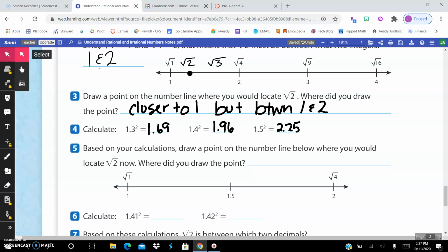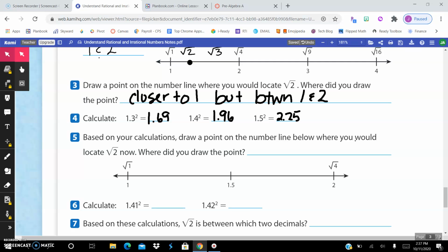Then number 5 says, based on your calculations, draw a point on the number line below where you would now locate the square root of 2. Where did you draw the point? So we have square root of 1 and the square root of 4. We have 2 and 3 in between there.